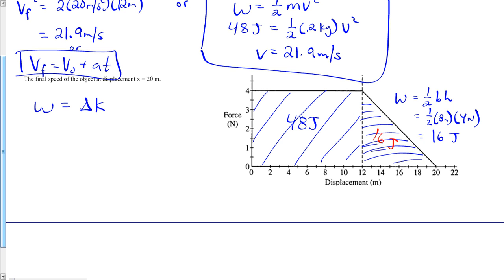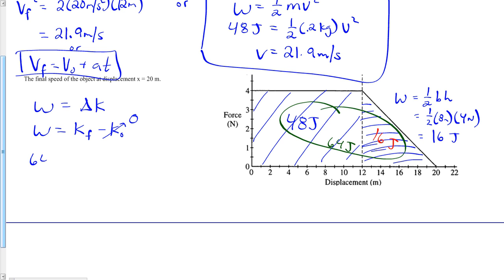So the total work done during that entire process is 64 joules. Now the work-energy theorem states that that work done is going to be equal to the change in kinetic energy. The final kinetic energy minus the initial kinetic energy. Once again, the initial kinetic energy is 0 because it started from rest.